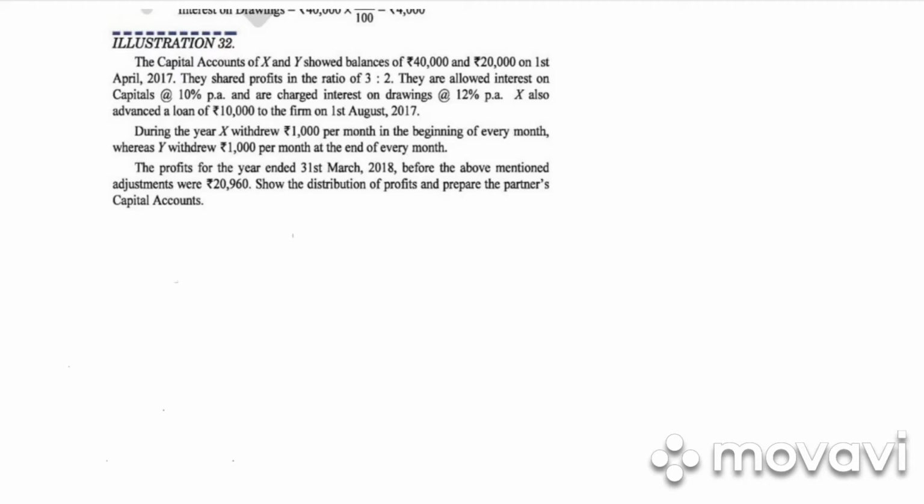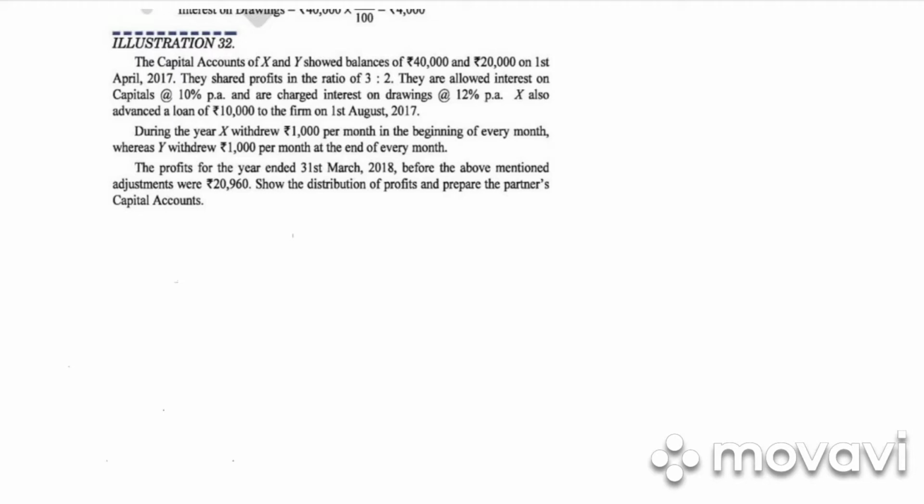Let's see illustration 32. They have given us the capital accounts of X and Y, showing balances of 40,000 and 20,000 on 1st April 2017. They shared profit in the ratio 3:2. They are allowed interest on capital at 10% per annum and are charged interest on drawings at 12% per annum.